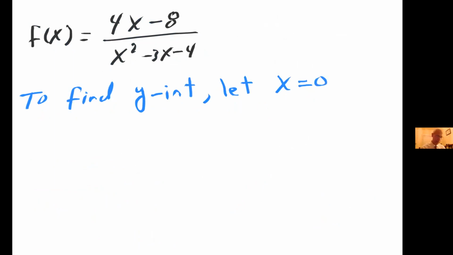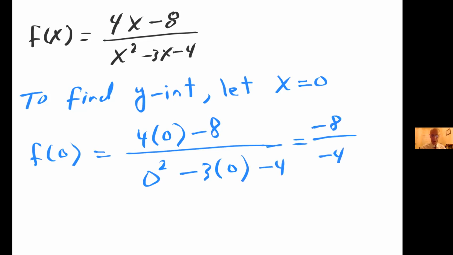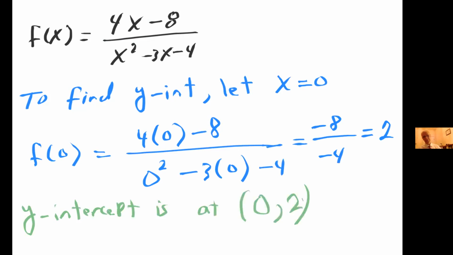So f of 0 equals 4 times 0 minus 8 over 0 squared minus 3 times 0 minus 4. This gives me negative 8 over negative 4. It gave me a 2 again. So the y-intercept is also at 0, 2.